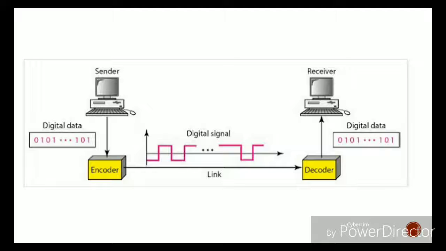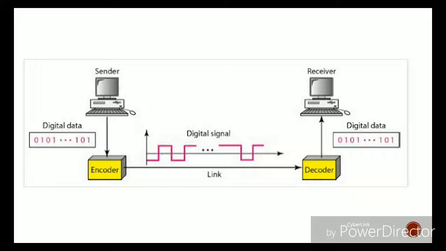Here we have a simple example. As you can see, we have a sender and a receiver. The main task is to send information from the sender, and the receiver must receive the same information. This must be done digitally.